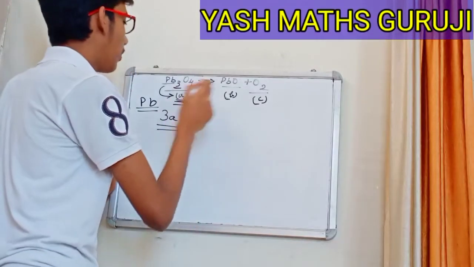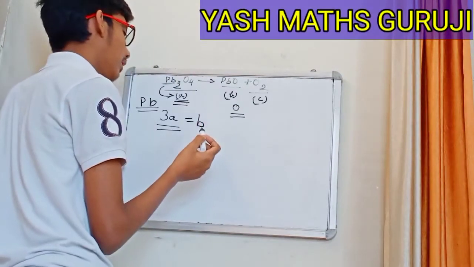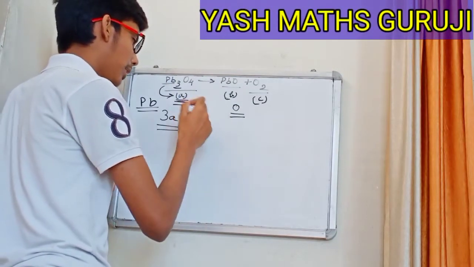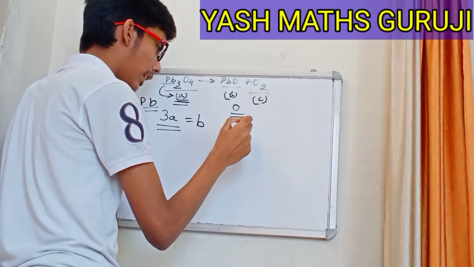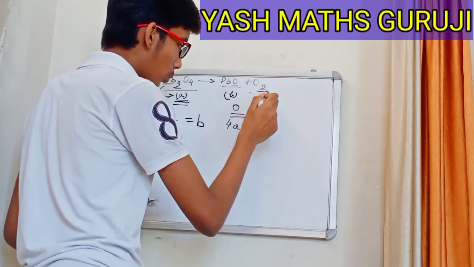Now for O, oxygen, how many oxygen are there on the left hand side? 4, we have named it as A, so 4A, and on the right hand side it is 1 plus 2.